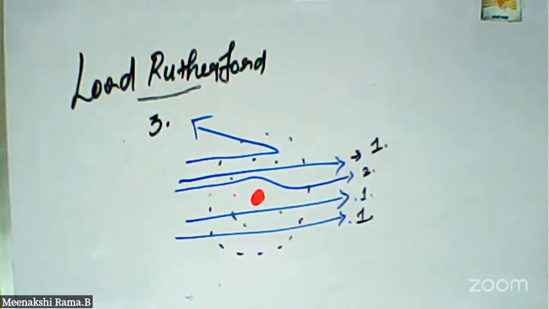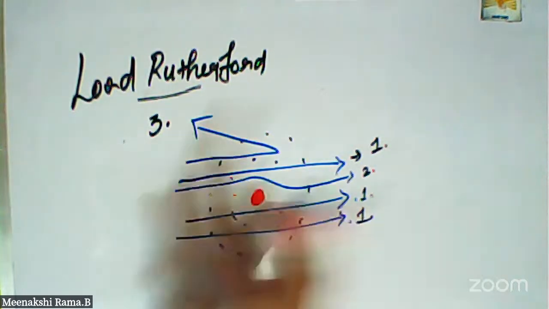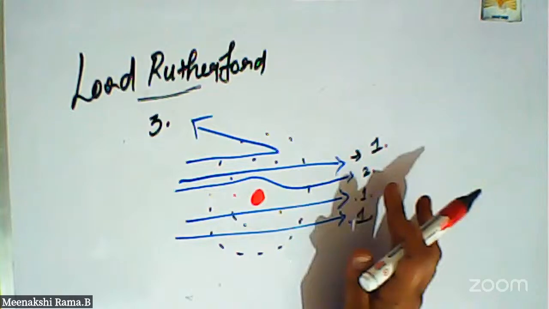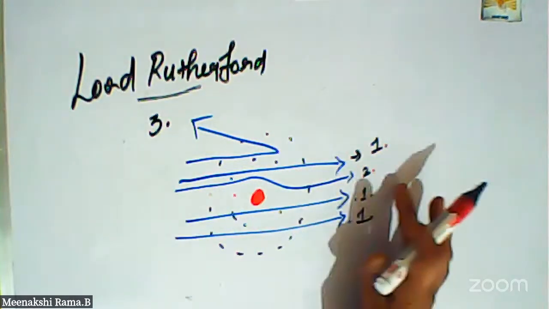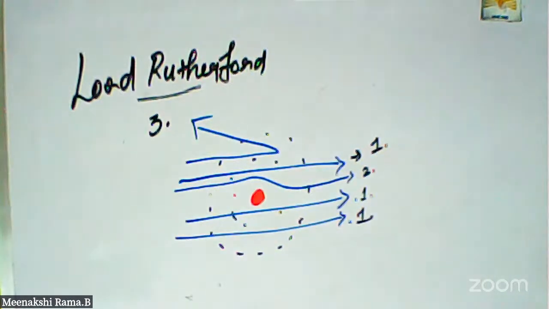So this is how the alpha particles are deflected in this area. Most of the alpha particles are sent in straight lines, then one or two alpha particles are deflected in this way, and very few come back. That is the bounce back. So this is the model of Rutherford, called the atomic model.